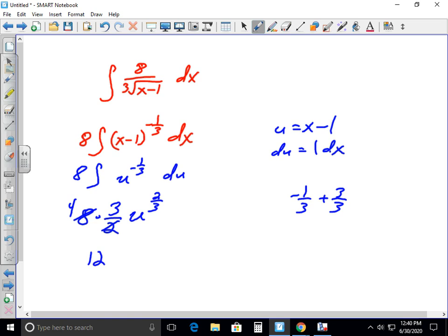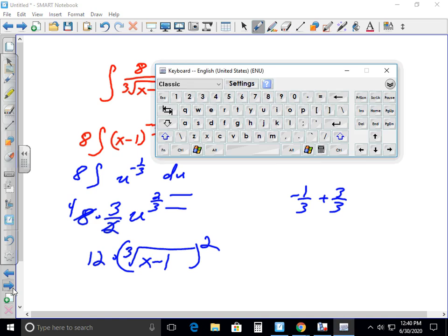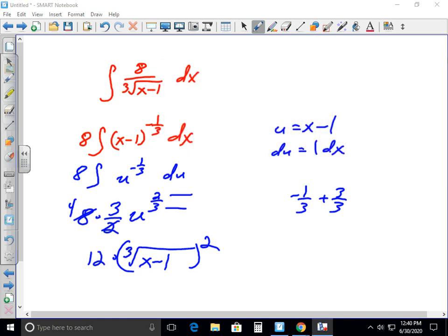So we get 12 times u to the 2/3, which we could call the cube root of x minus 1, squared. And of course, we could put the square on the inside or the outside, power and root. So 12 times the cube root of x minus 1, squared.